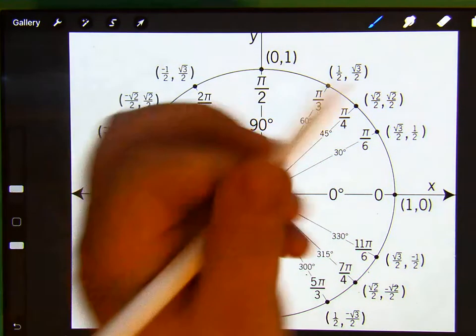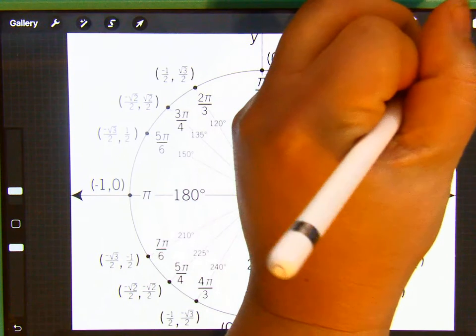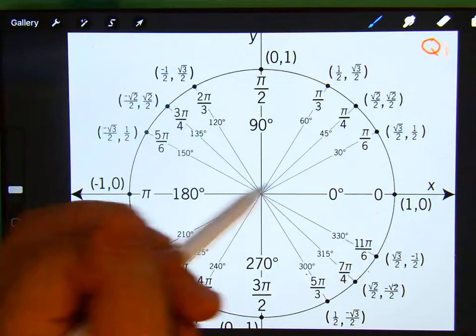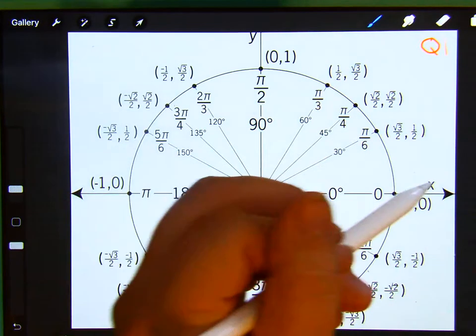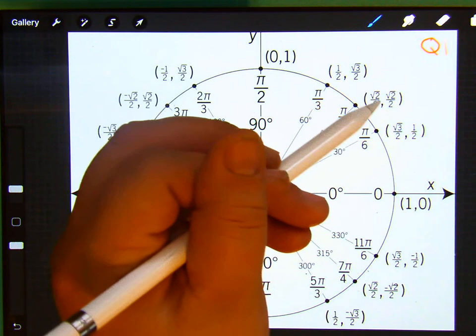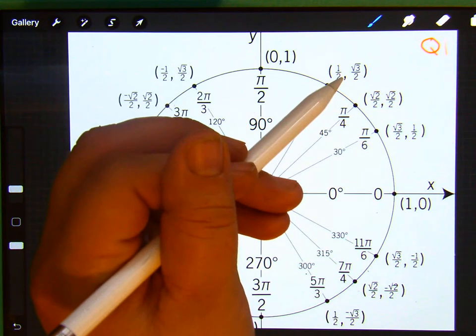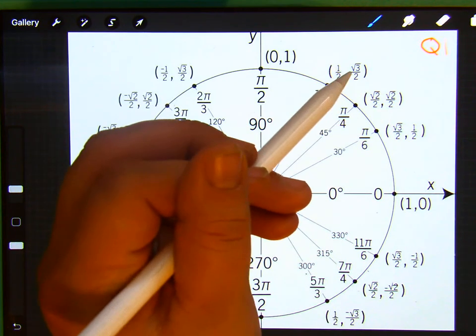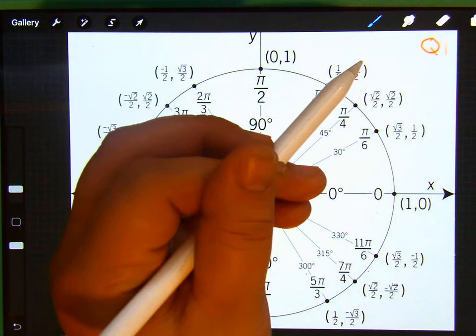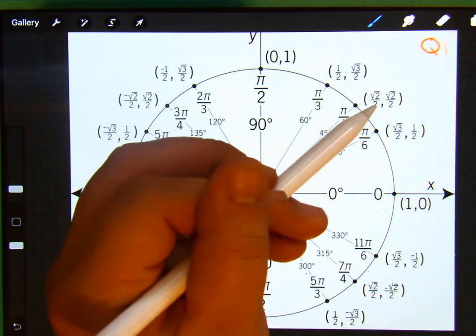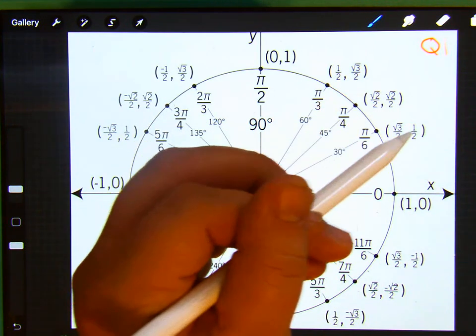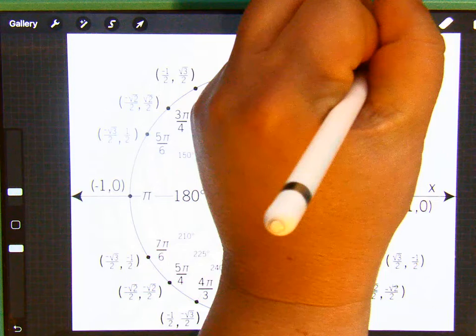Let's look at quadrant 1. A common thing to pay attention to in quadrant 1 is that both the x, or cosine, and the sine, or y, are positive in this quadrant. Pretty fundamental component.